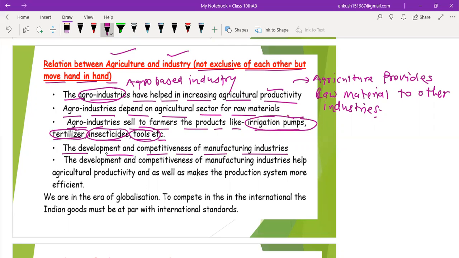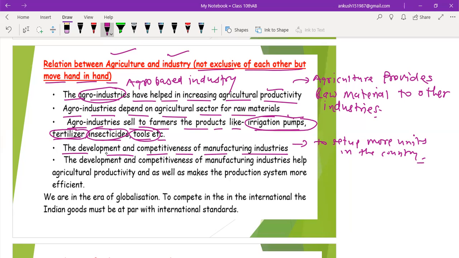So this generates the competitiveness across the country, and this competitiveness makes the industrialists to set up more units in the country. Did you get it?